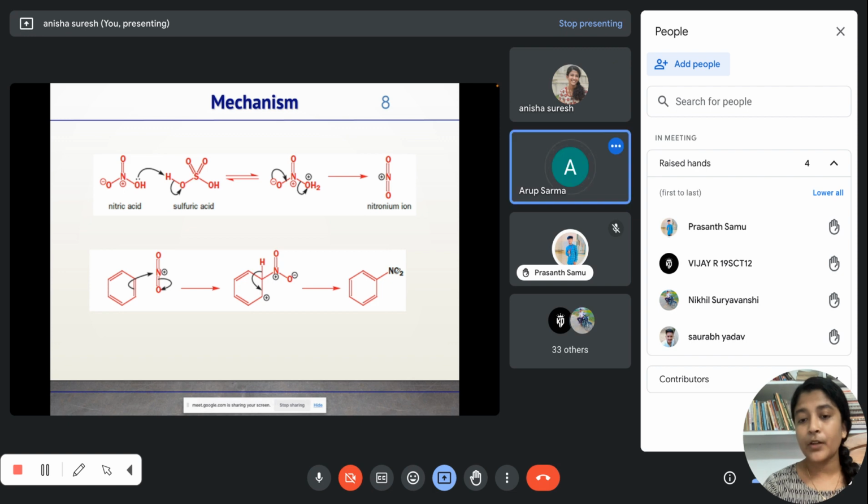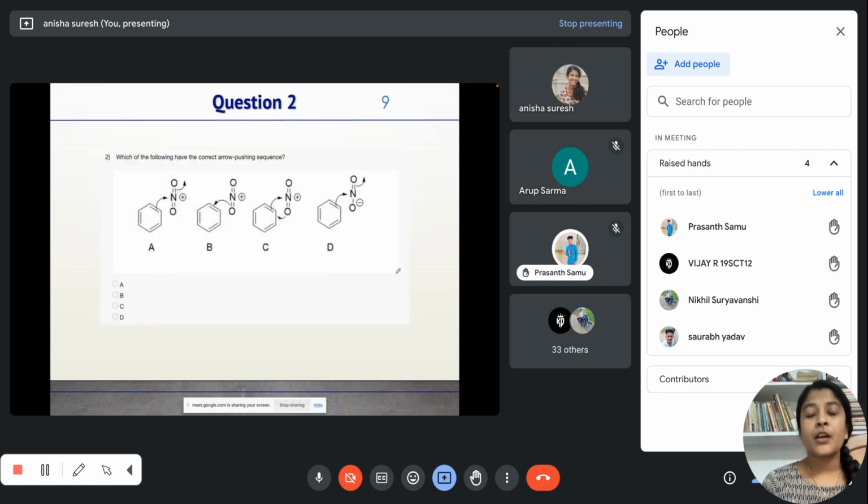Yes, ma'am. Okay. As we have discussed, the correct arrow pushing sequence will be the electron rich benzene ring going and attacking the positively charged nitrogen, and the double bond O will break, and electrons will be pulled towards oxygen.